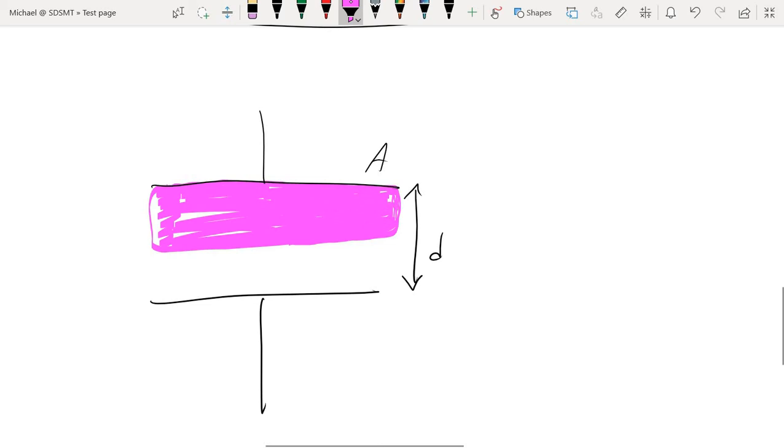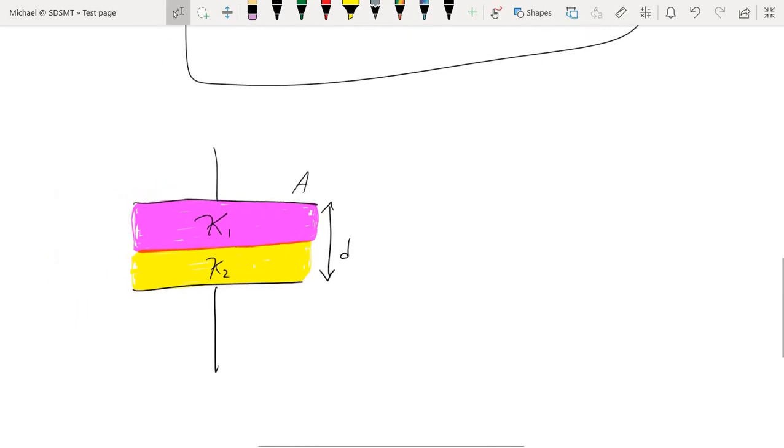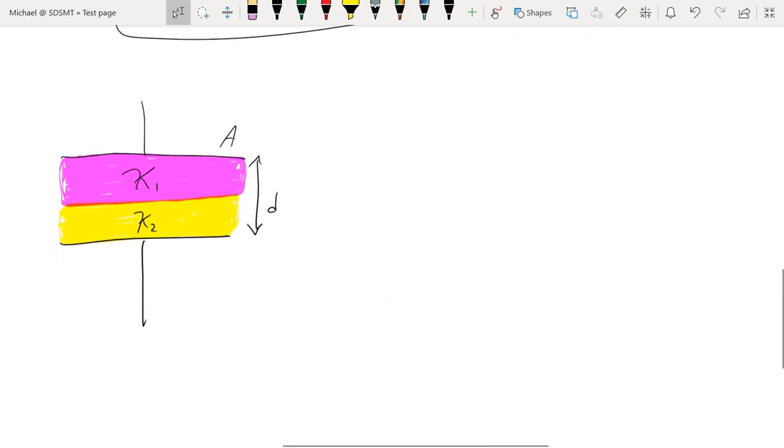So you've got your first dielectric material here. You fill half of the capacitor with that dielectric material. We'll call it kappa 1. And then you fill the other half of the capacitor with another dielectric material, which has a value of what we'll call kappa 2. With two different dielectric materials in there, kappa 1 does not equal kappa 2.